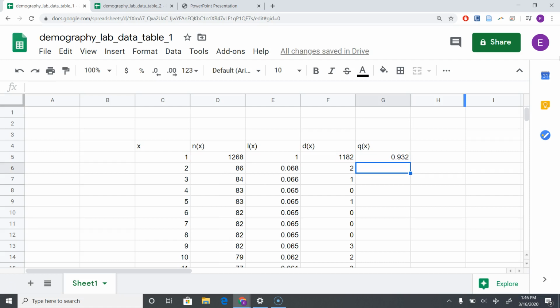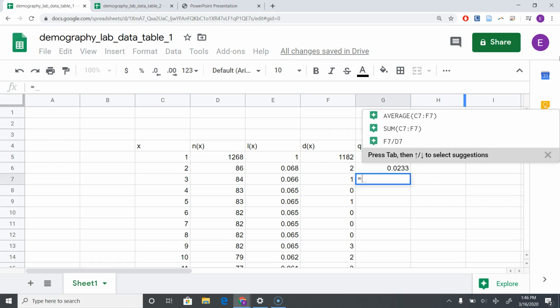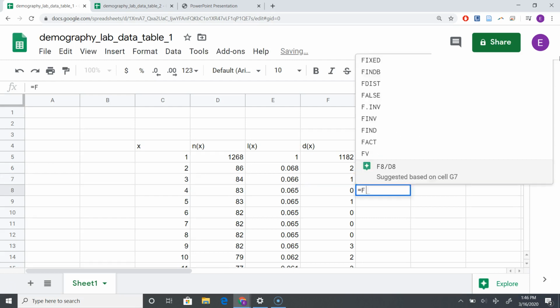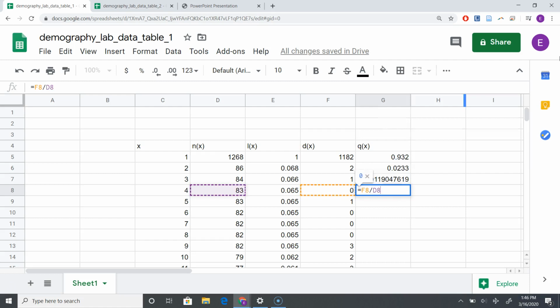If we were going to do it for this one, we would say equals F6 divided by what now? Well, it's going to be D6, because that's the number that we started with in this generation. Let's keep going. Equals F7 divided by D7. Equals F8 divided by D8.